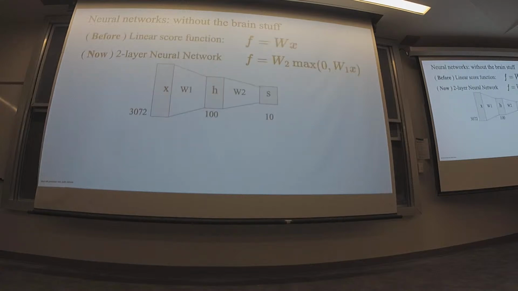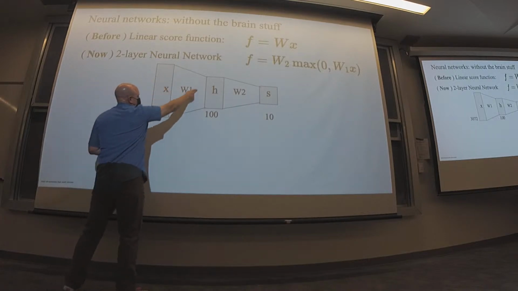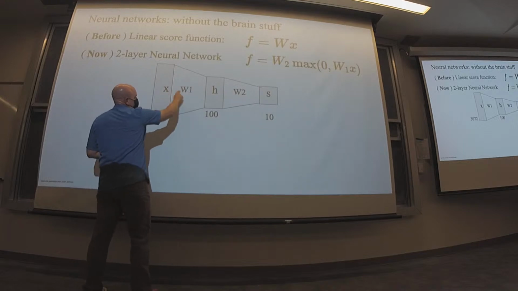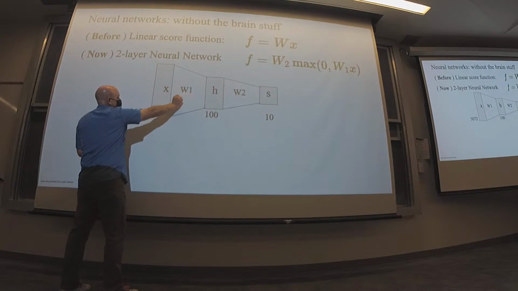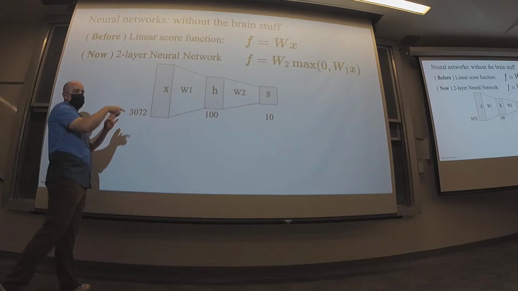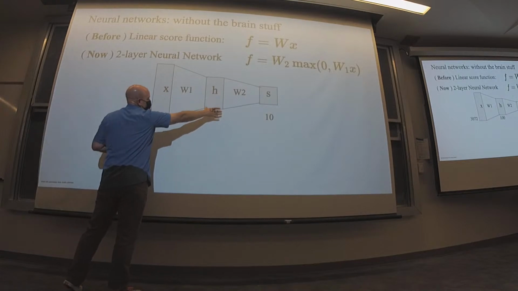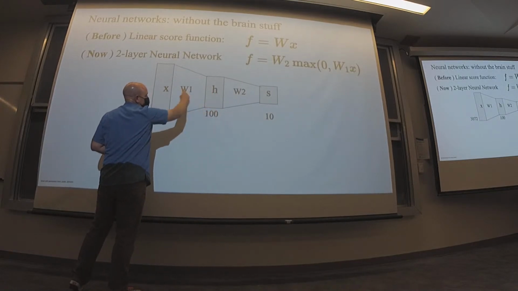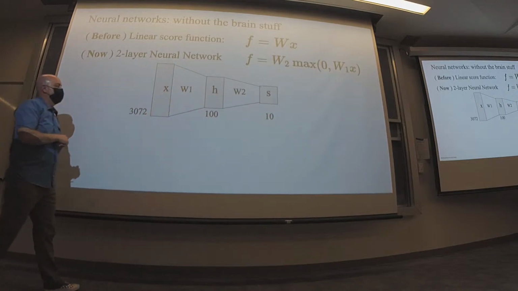Sort of not as exciting as the pictures make them out to be, I guess. But in general, in this 2-layer network, you have your input, and your initial set of transformations, in this case just our matrix W1 multiplying X. If X has dimension 3072, which was 32 by 32, and the output in this hidden layer, and that's why it's called H, is 100, then what's the dimension of W1?